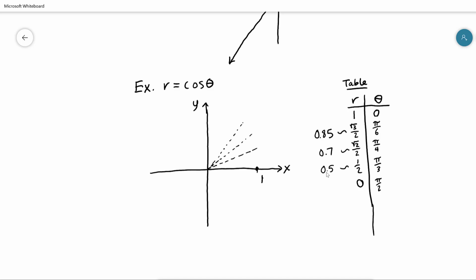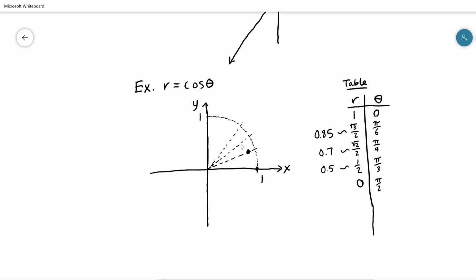At pi over 6, the distance was about 0.85. So hypothetically, if we maintained a distance of 1, that would look something like this. That would also be 1. So 0.85, if this is a distance of 1 right here along this direction, 0.85 would be, I don't know, maybe here-ish. So that's where I'll draw my dot.